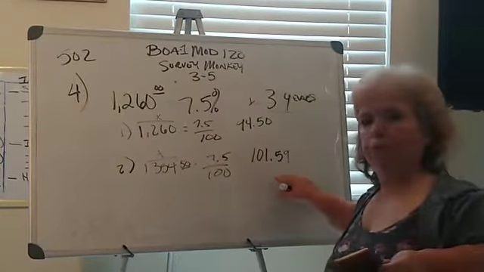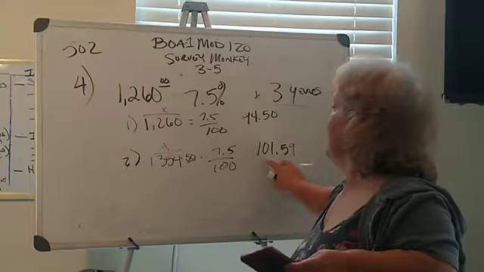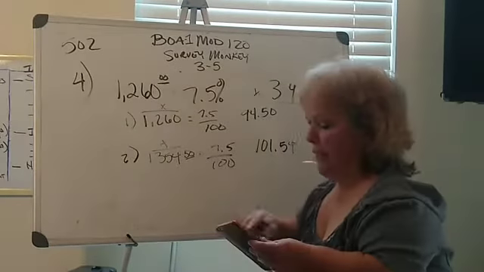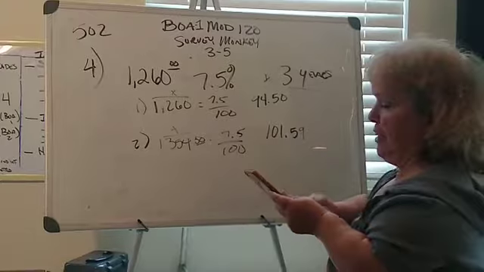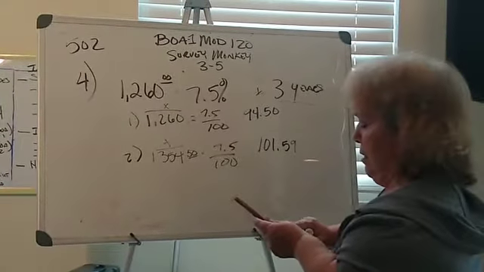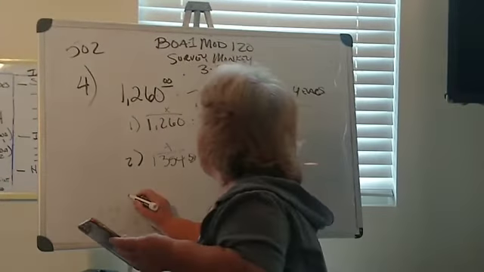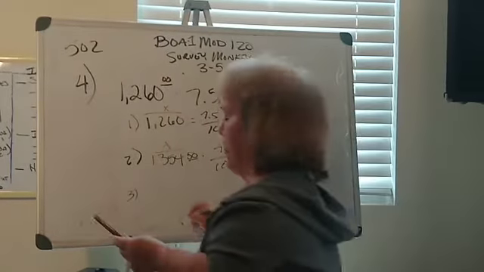Now what do we do? If you said I add the interest to the principal, you are correct. We take the $1,354.50 and add 101.59 equals $1,456.09. Now we're at the beginning of year 3, so we do the interest for year 3.